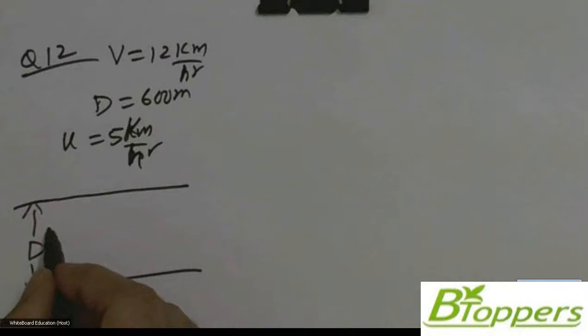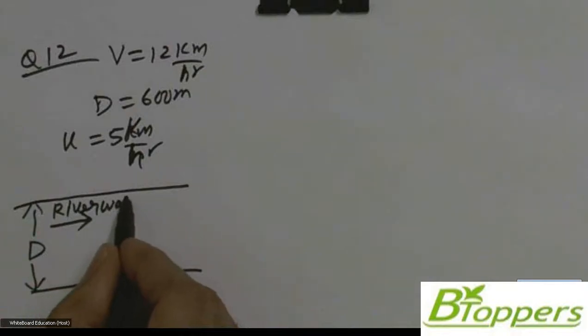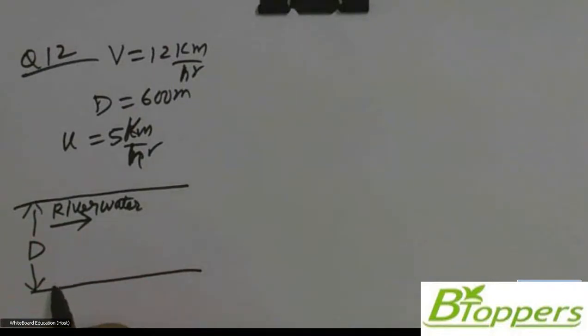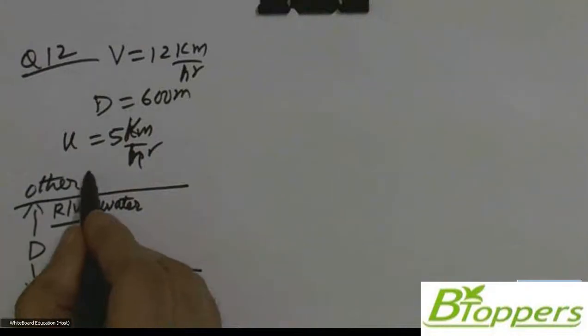This is the bed of the river. This is the direction of the flow of river water. This is one bank of the river. This is the other bank of the river.